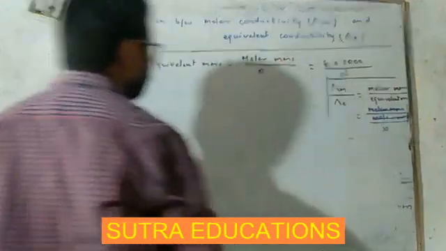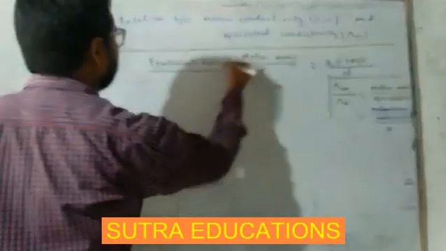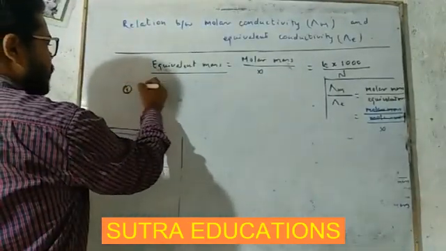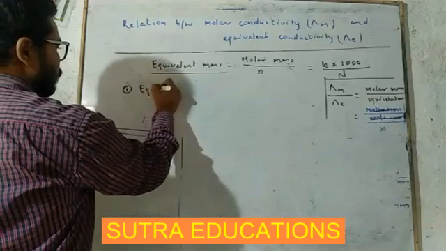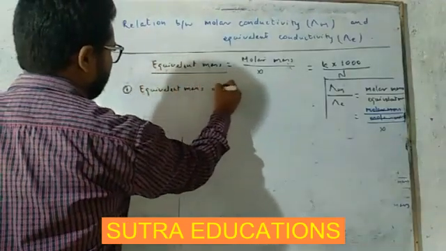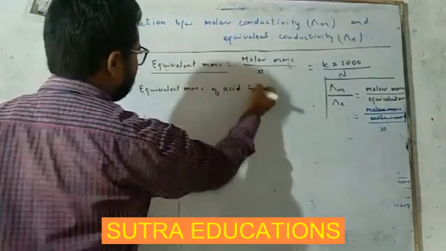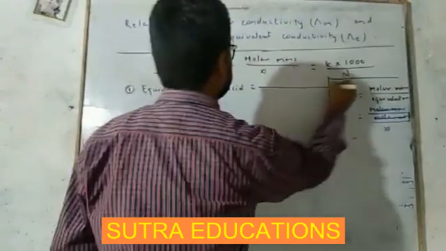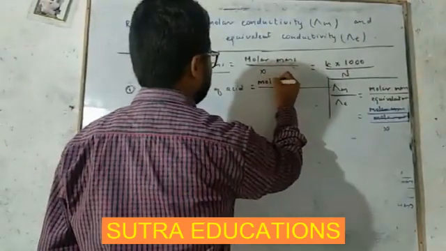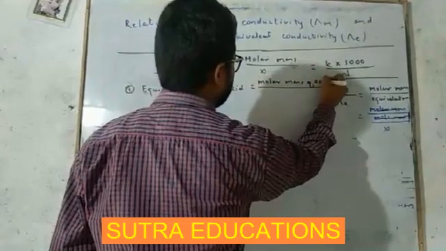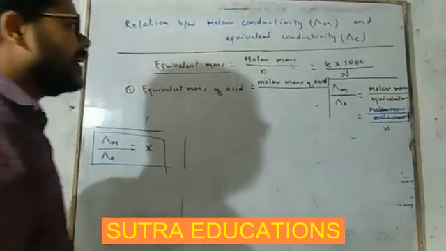For example, we have to find the equivalent mass of an acid. Then it will be equal to molar mass of acid upon x.